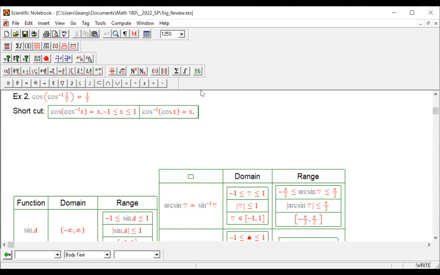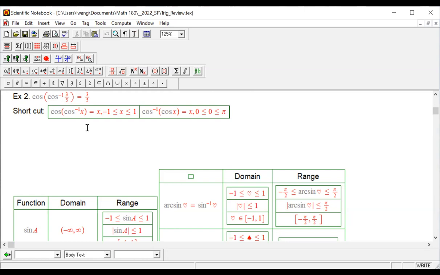This is true if x is between 0 and pi. This relates to what we talked about in earlier lessons, that there's a piece of cosine that's inverse to arc cosine.